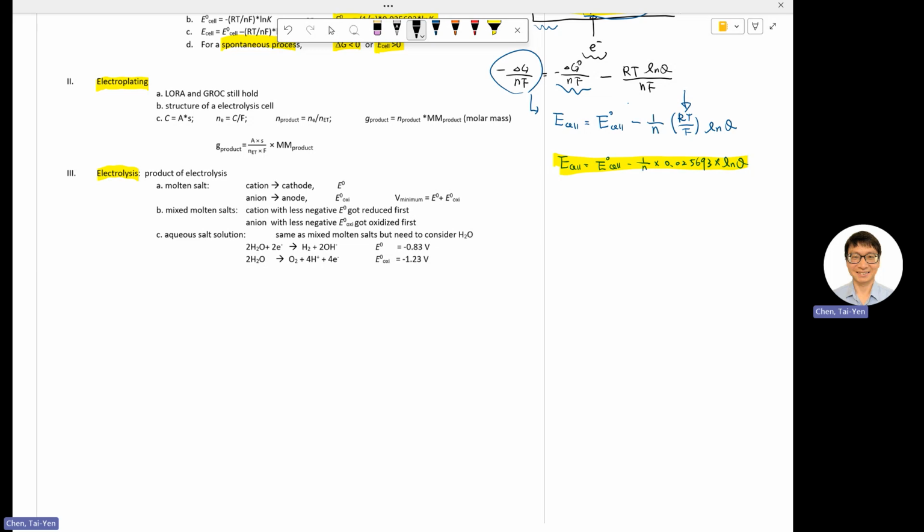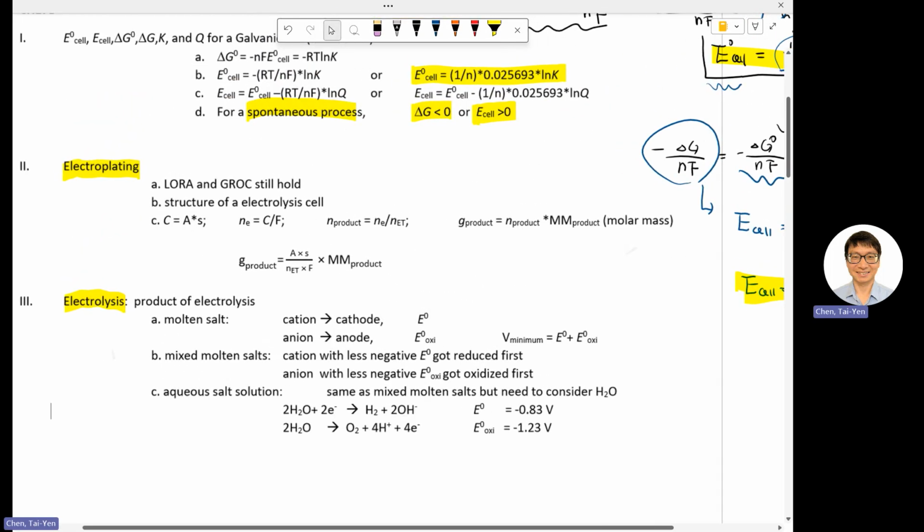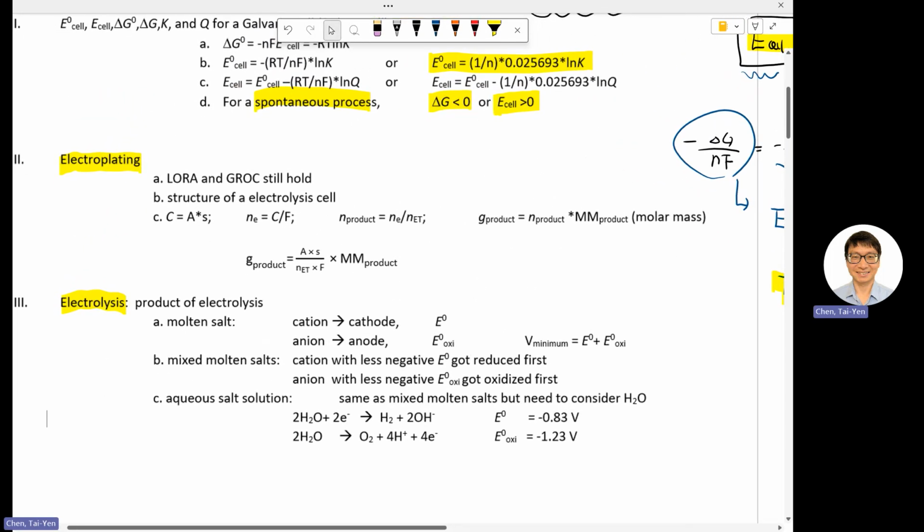Okay, so here we're going to summarize the things that we're going to use to solve the questions. All right, so typically for this inverse of galvanic cell, or the electrolysis cell, the structure of the cell will look very different. Typically, you don't have the salt bridge anymore, so you put all your solution together.